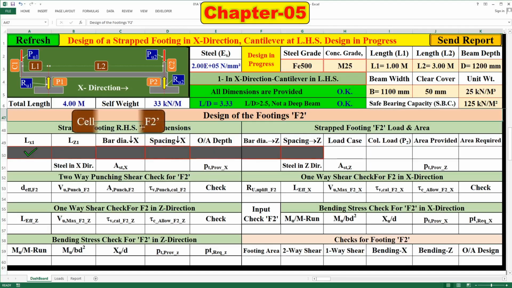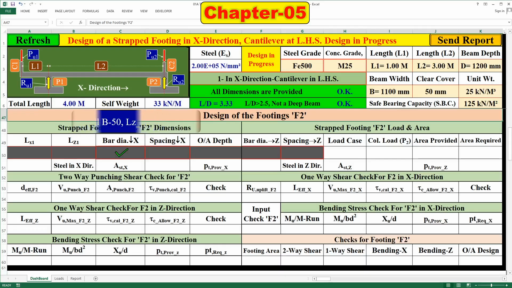Cell A50, defined name LX_F2, it is the length of footing F2 in the X direction. Cell B50, defined name LZ_F2, it is the length of footing F2 in the Z direction.